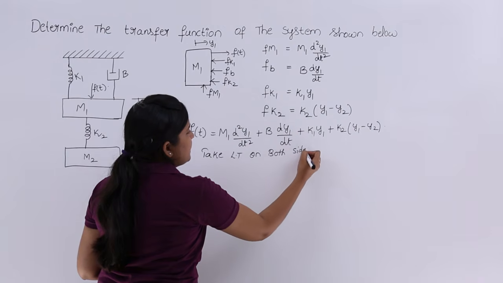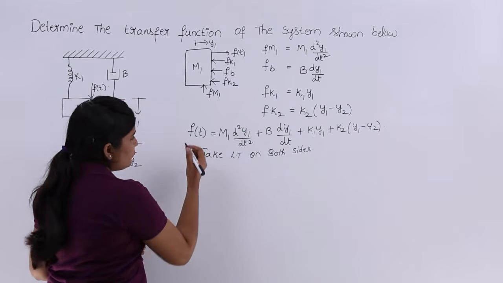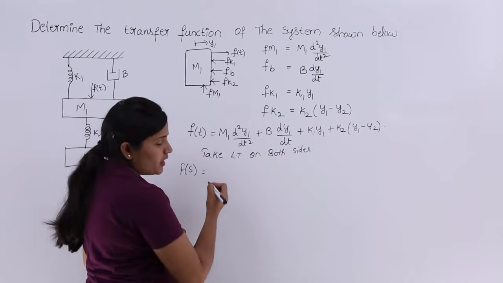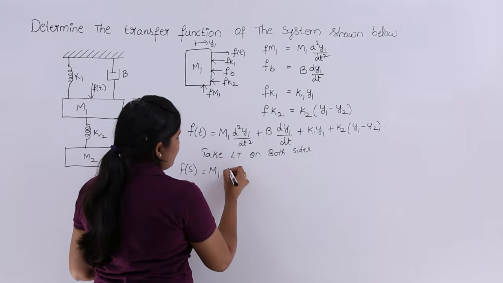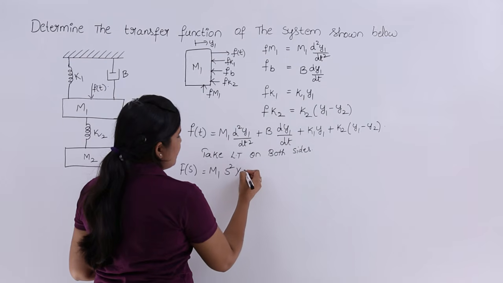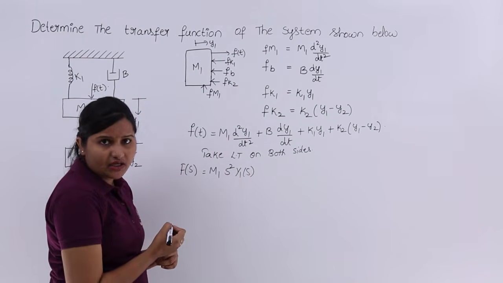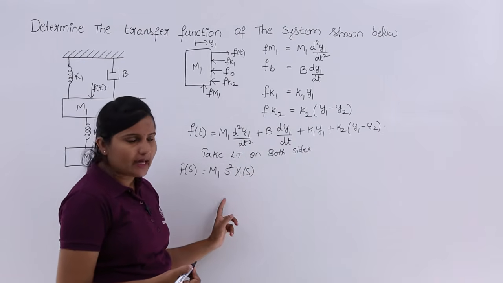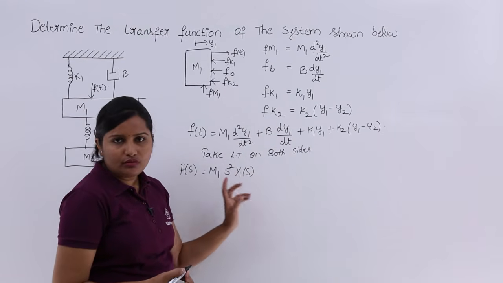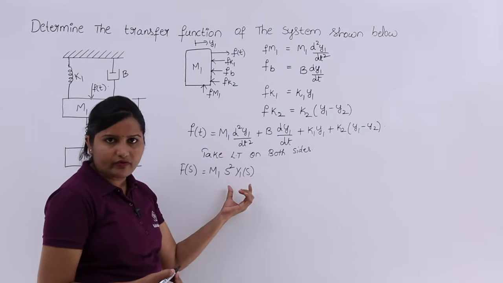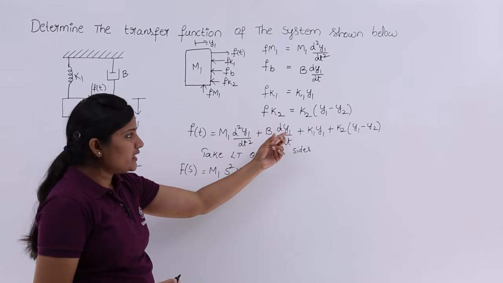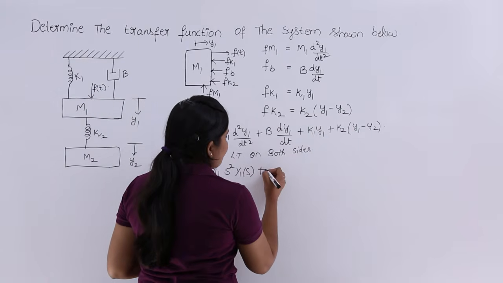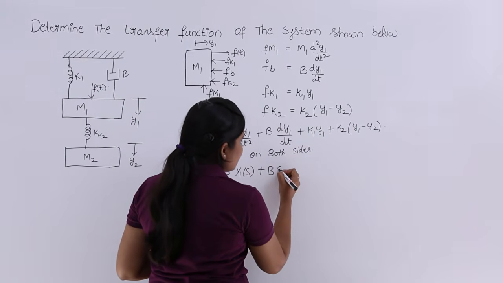By taking the Laplace transform on both sides, you get f of s equivalent to m1 s square y1 of s. You know the Laplace transform for d square y by dt square: by the differentiation property, it is s square into y of s. Here with only one differentiation, it is s into y of s. So plus b into s into y1 of s.